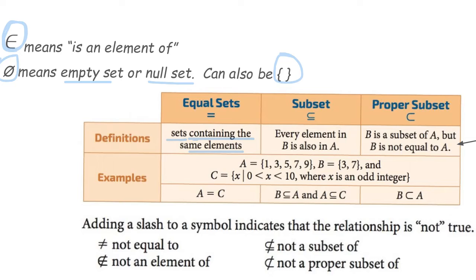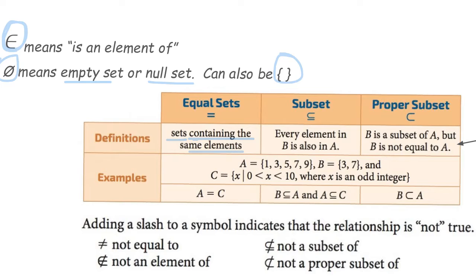Okay, so set A, 1, 3, 5, 7, 9, is exactly the same as, or equal to, set C, which is X such that X is between 0 and 10 and is odd. Well, those numbers are 1, 3, 5, 7, and 9.